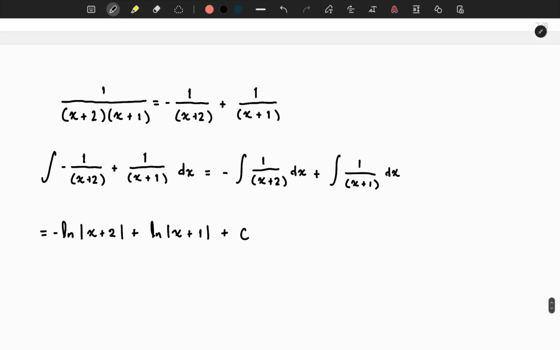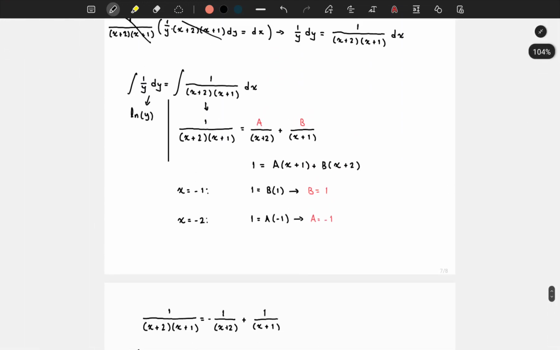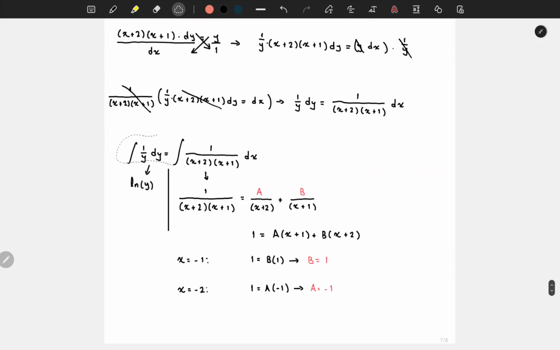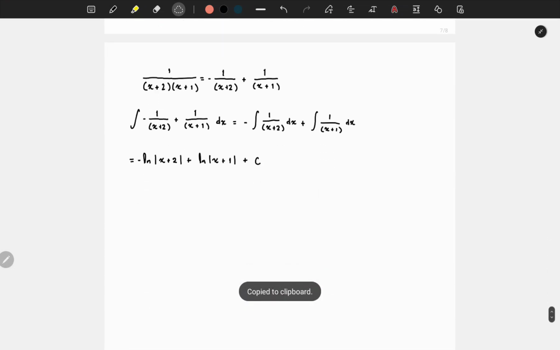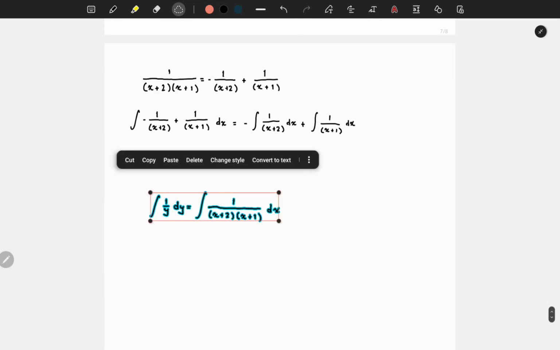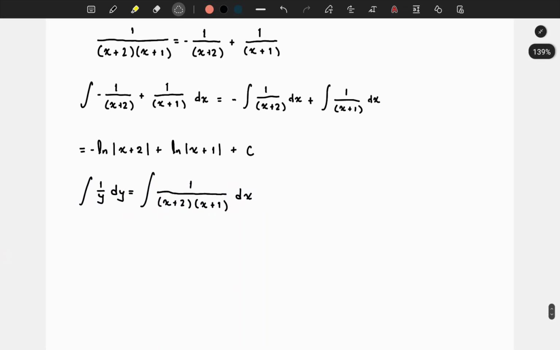So now that we've found this, if you recall, we were trying to solve this right here. And now that we found it, we have integrated both sides. Let's continue with the process.